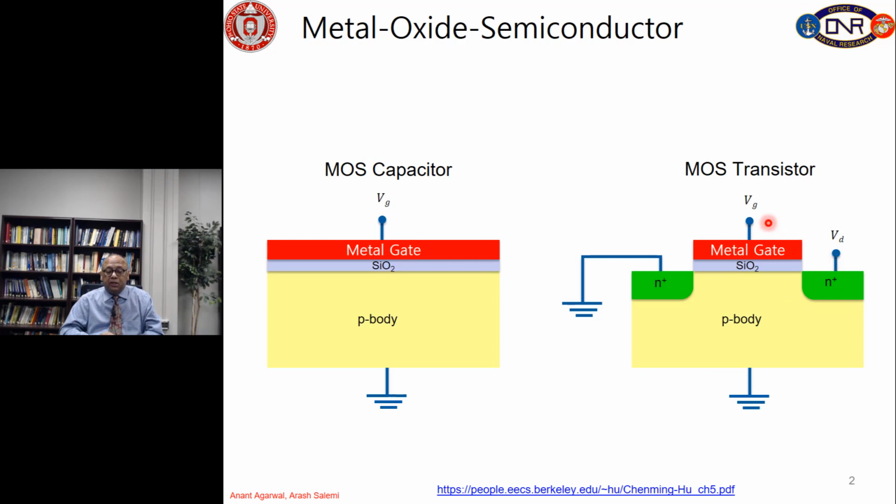This electrode is called the gate electrode, and this electrode is called the source electrode, and here is the body. So we'll describe the operation of the MOS transistor, and then we'll show you how to make it a power MOS transistor.